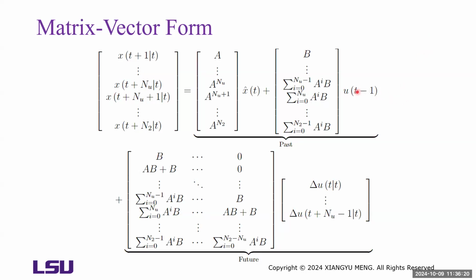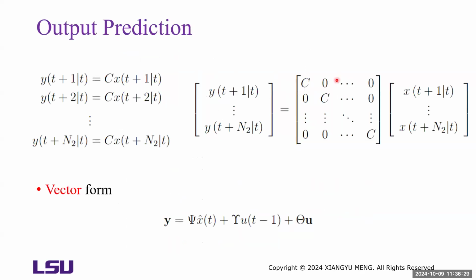With this matrix vector form, we are ready to predict the output. We know y at t plus 1 given t is just c times x at t plus 1 given t. So y at t plus 2 will be c times x at t plus 2, then y at t plus n2 will be c times x at t plus n2.